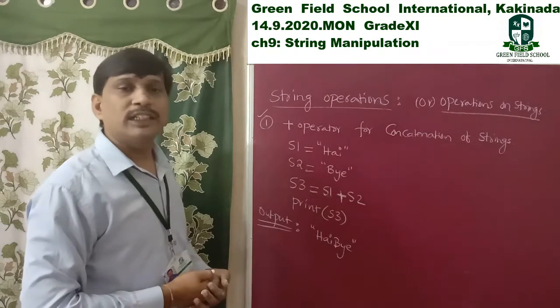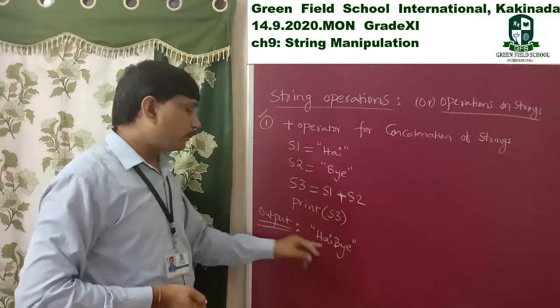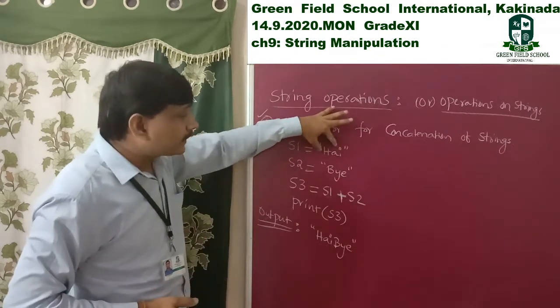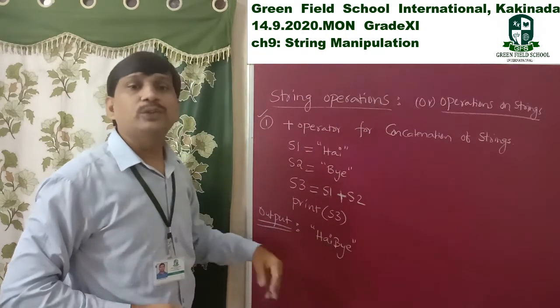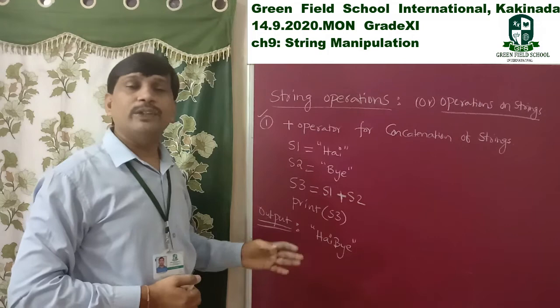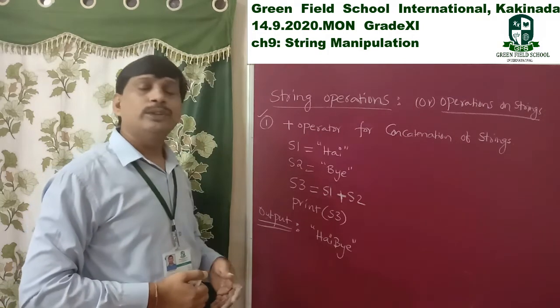This is the output it displays. Understood my point? Concatenation means combining and joining these two strings into a new string, creating a new string and displaying it.